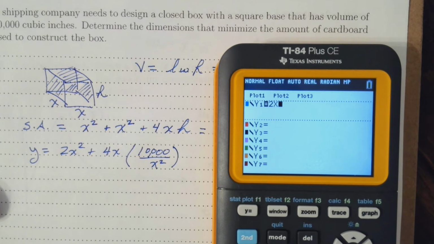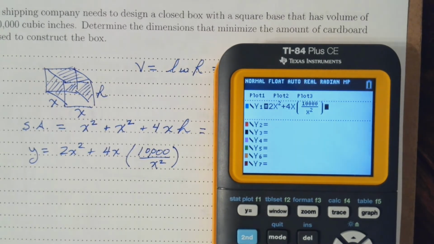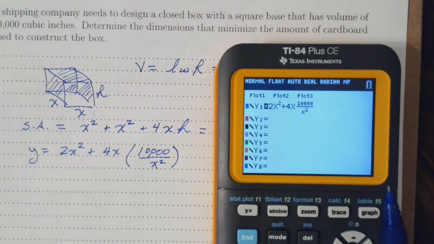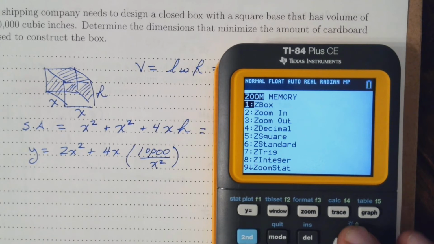We've got 2x squared plus 4x times 10,000 all over x squared, and close the parentheses. Notice that I'm not trying to simplify anything. I'm just putting in the information as I see it. I'll press enter.